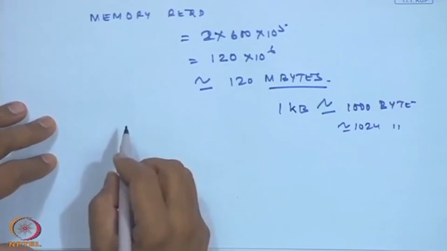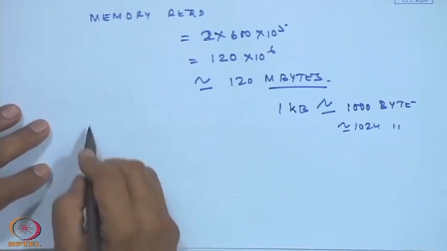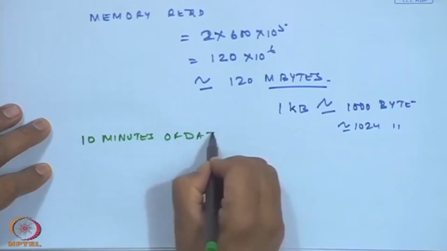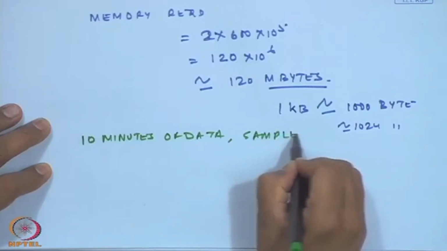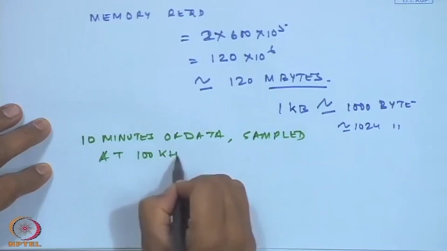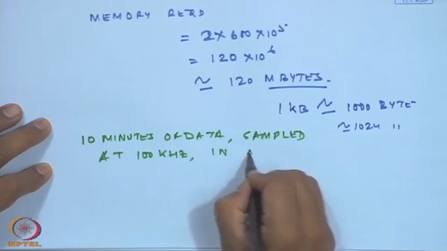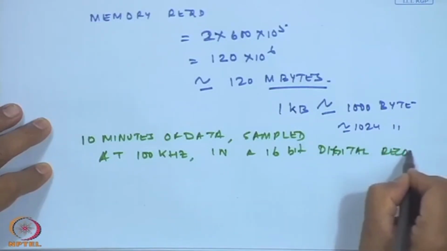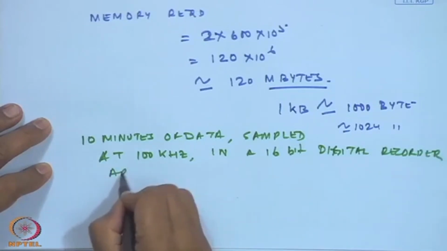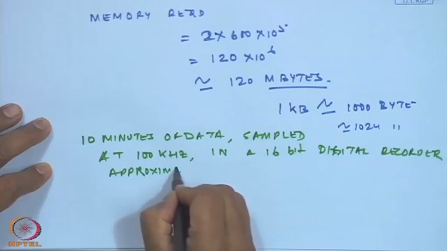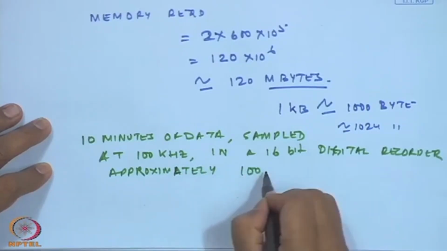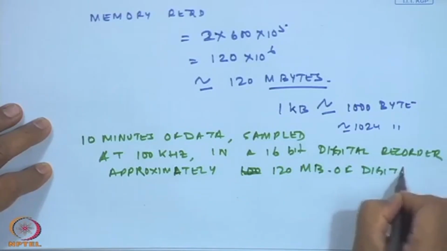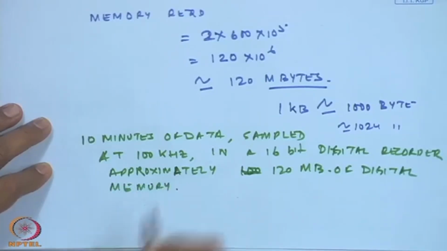To summarize, storing 10 minutes of data sampled at 100 kilohertz in a 16-bit digital recorder would require approximately 120 megabytes of digital memory.